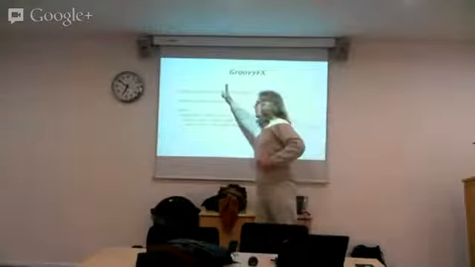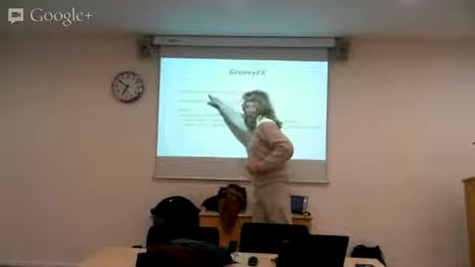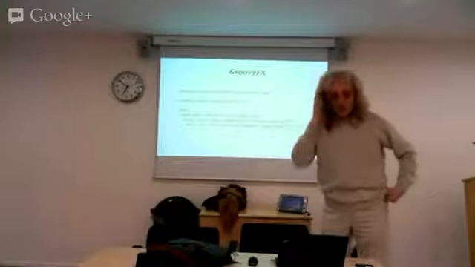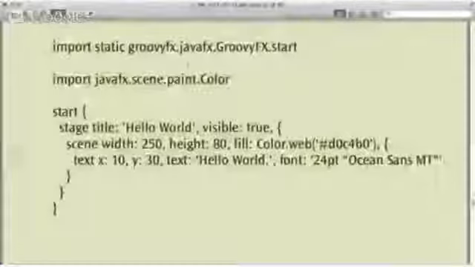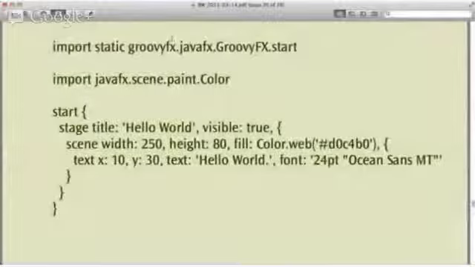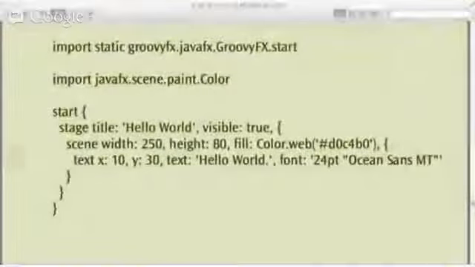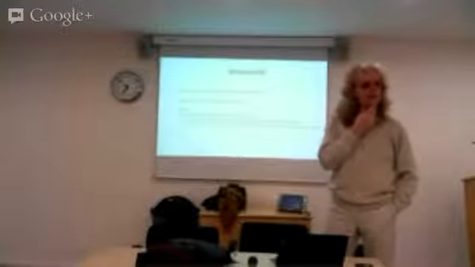Actually, that should say GroovyX. Error. That's GroovyX, not GroovyFX. So since 2004, Groovy has been trundling on. It was 2007, I think, that it was version 1, and we're now up to version 2.1.1.